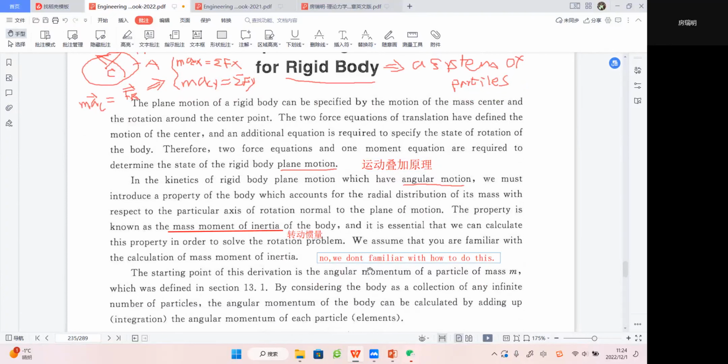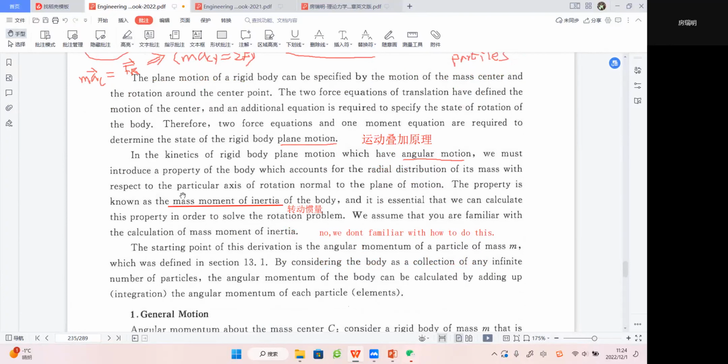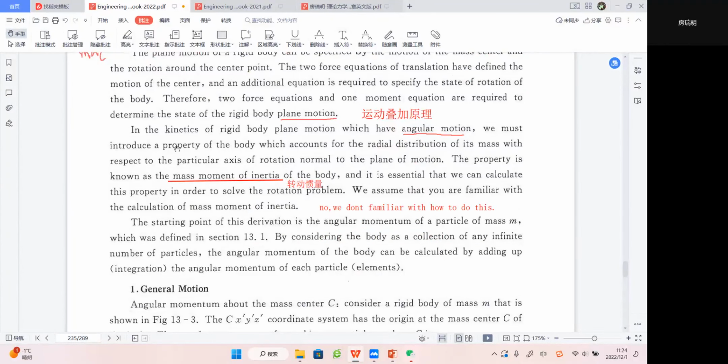So let's continue to the second paragraph. Then we have to do a jump. You know why we have to do a jump? Look at the second paragraph first.